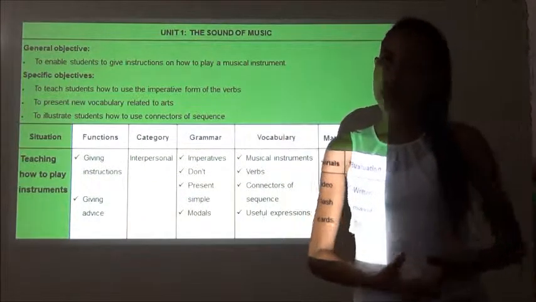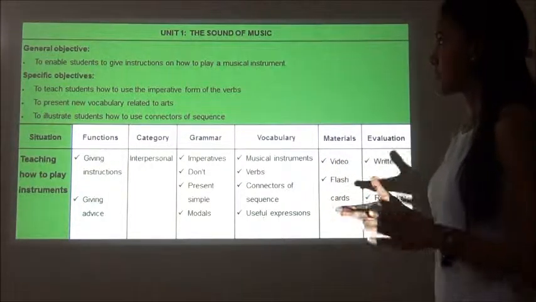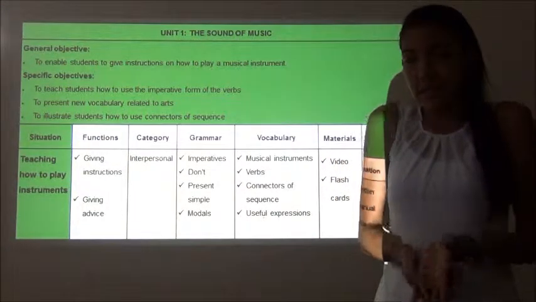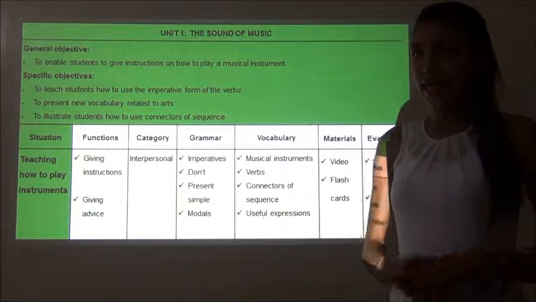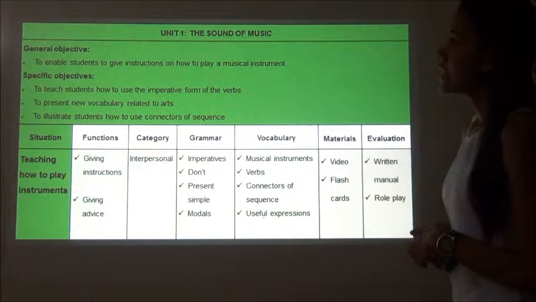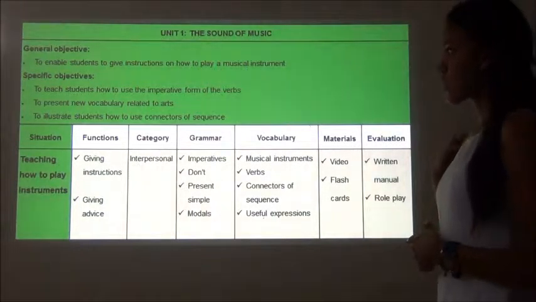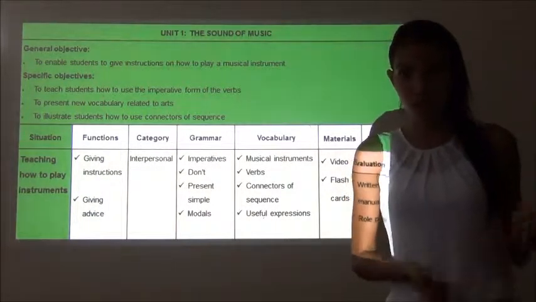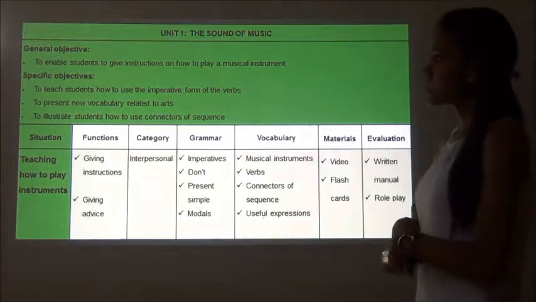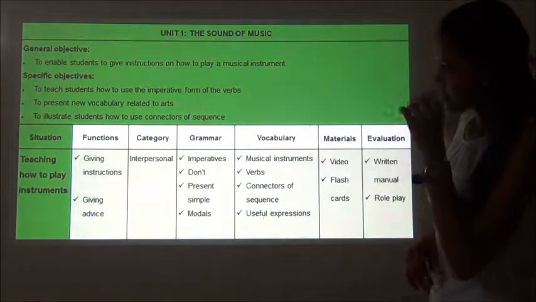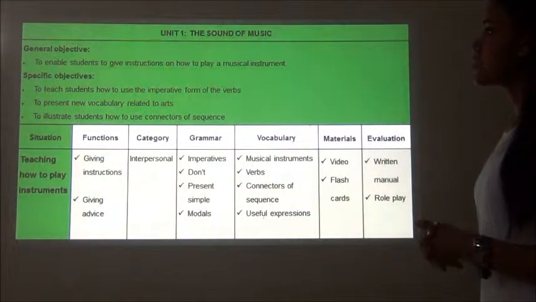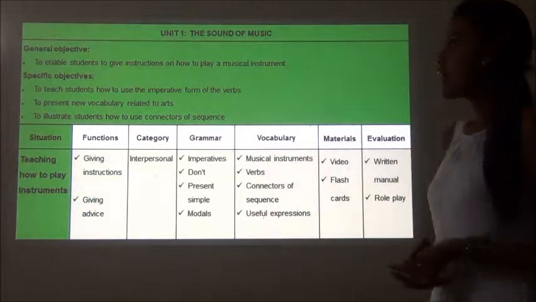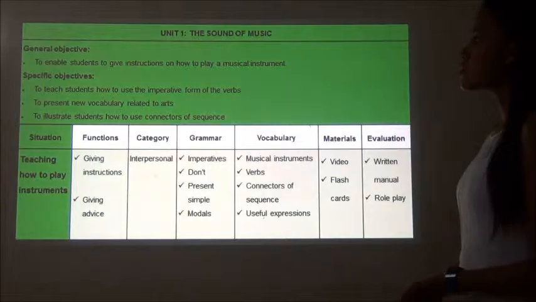For this course syllabus, we have designed a unit that is based on task. This unit is called The Sound of Music, and its general objective is to enable students to give instructions on how to play a musical instrument. And the specific objectives include to teach students how to use the imperative form of the verbs, to present new vocabulary related to arts, and to illustrate to the students how to use connectors.